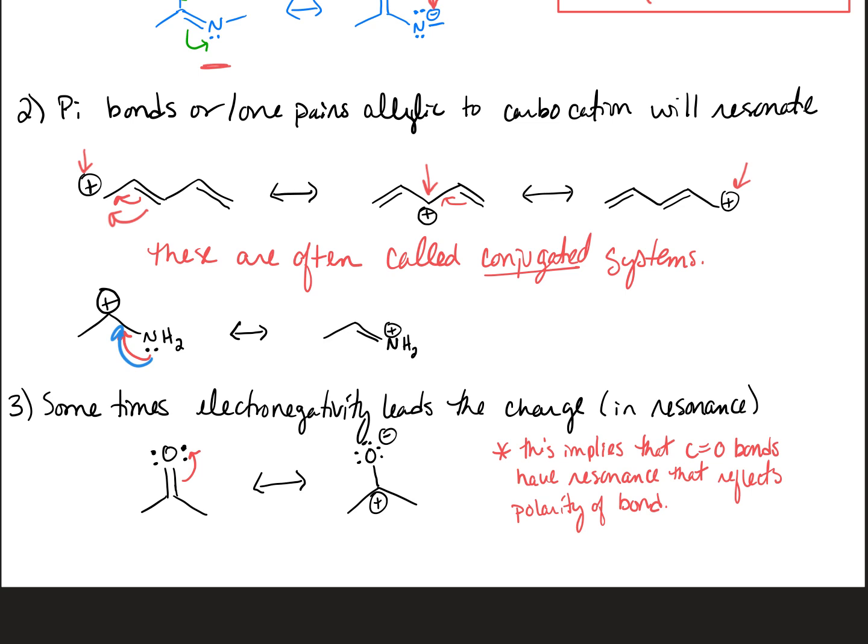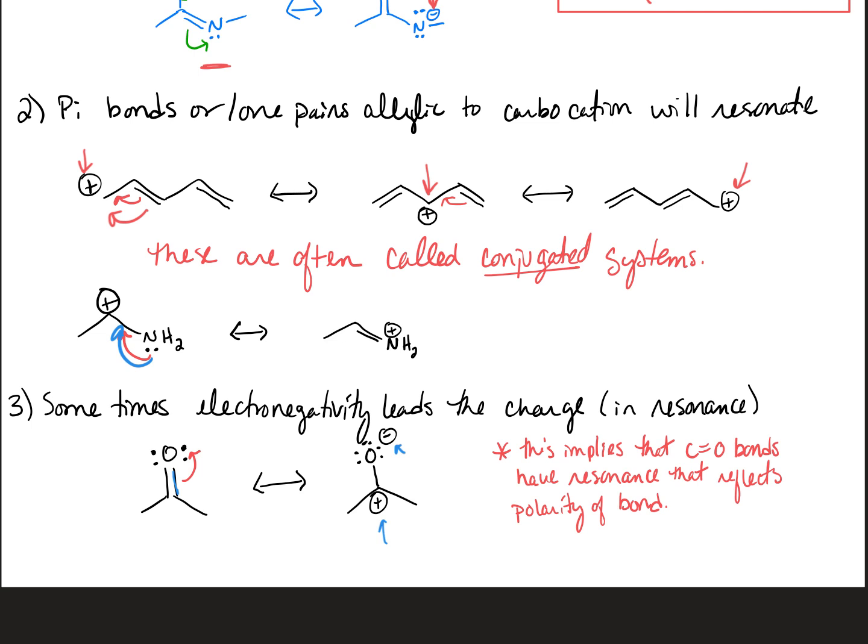So if we take this double bond that is here and move those electrons up to that oxygen, this will make sense because we have an electronegative atom with a negative charge to it and a positive charge on that carbon. Even though these are not equal contributors to the resonance hybrid, because you would favor the one without the charge, it does mean that this oxygen is going to be more partially negative than it would otherwise, okay?